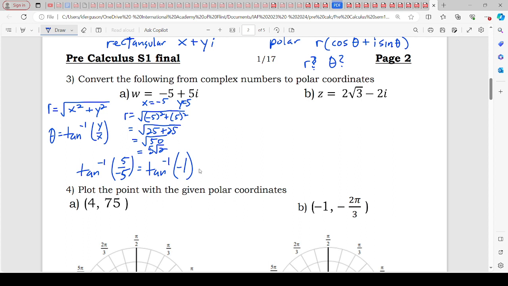Just a second, I'm trying to work this out. So the inverse of tangent of negative 1 is negative 45.